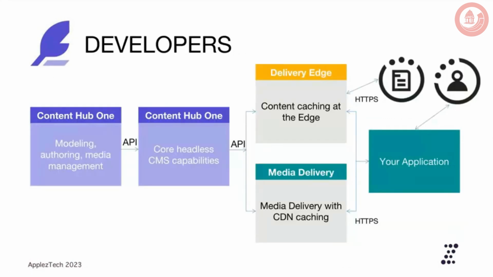So from a developer perspective, the APIs that can be used within Content Hub One are internal. Content Hub One has headless CMS capabilities to create and publish all of this content. And once it's published through the API, it's made available here.